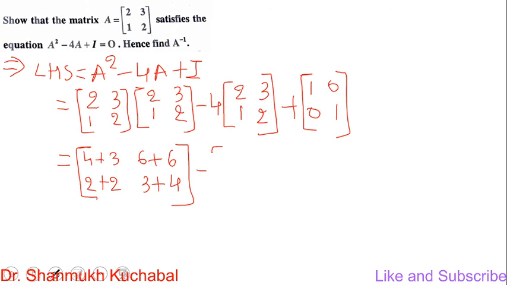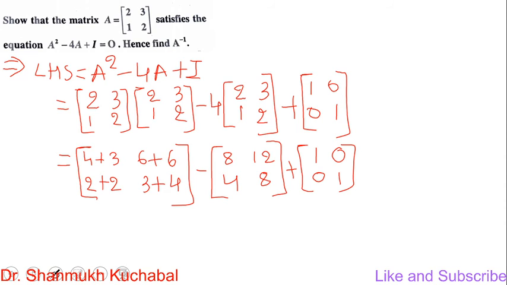Then minus as it is. 4 is multiplied with every element. 4 2s are 8, 4 3s are 12, 4 2s are 8. Then we get this as 1 0 0 1. So further we will simplify this.